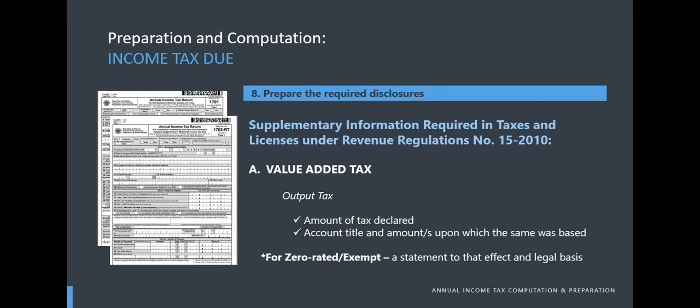Under the value-added tax, the output tax, the amount of the tax declared in the VAT returns, the account title, and the amounts upon which it was based must be disclosed. So, dapat kung ano yung naka-report sa VAT, must also be the same amounts disclosed in the value-added tax.